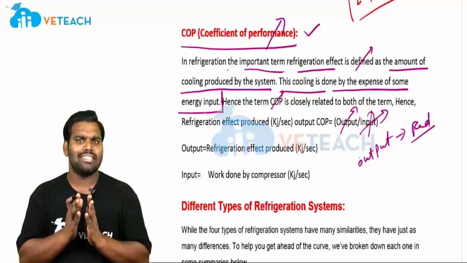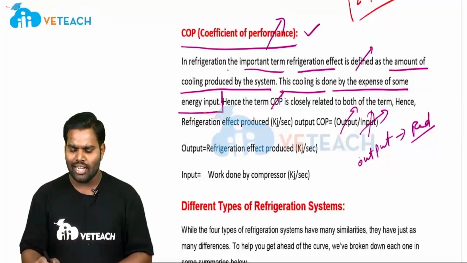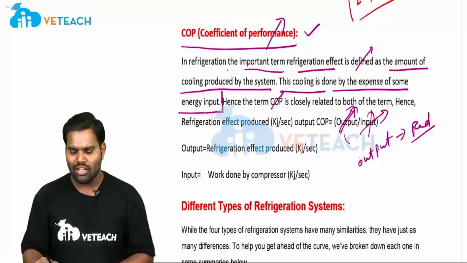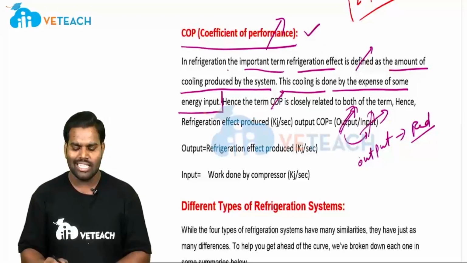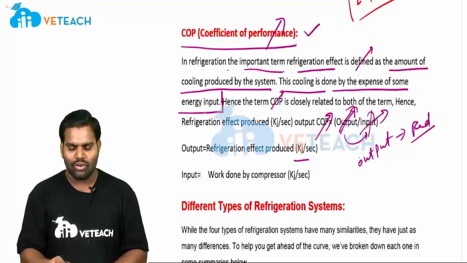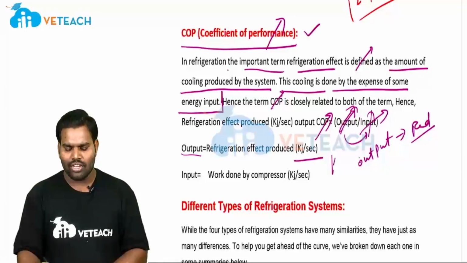The output is considered as reduction of the temperature based on that system. So how much the temperature can be reduced based on the given input, that is considered as coefficient of performance. So here we are going for consideration of output in terms of kilowatts.